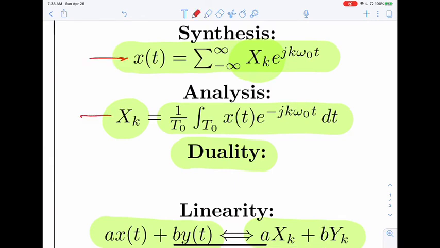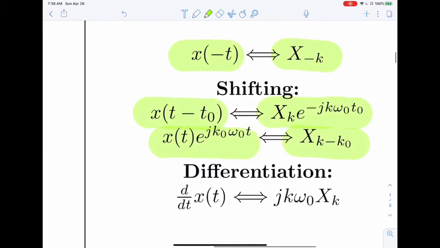So the synthesis and analysis equations have some similar structures, and so what tends to go in one direction also tends to go in the other direction with some slight modifications. That's what duality is all about, and we see it here in the shifting property. You shift in time, you get multiplication by an exponential in frequency. You shift in frequency and you get multiplication by an exponential in time. What goes in one direction tends to go in the other direction.